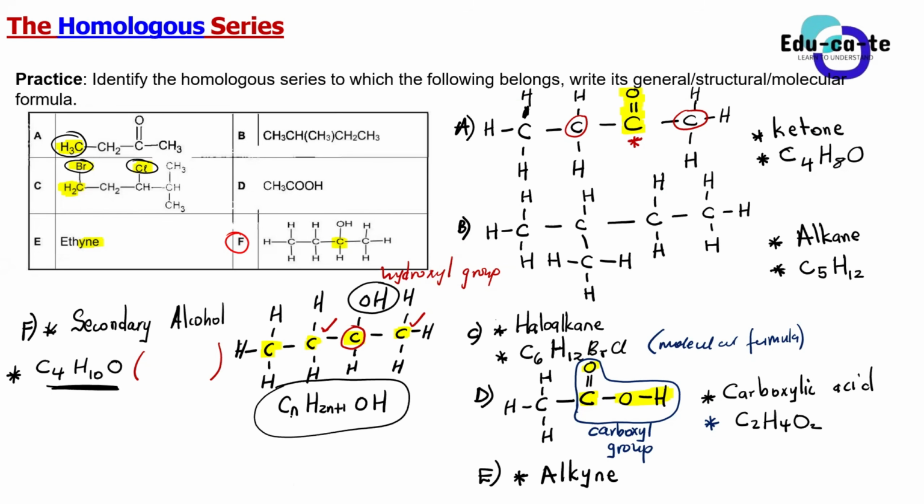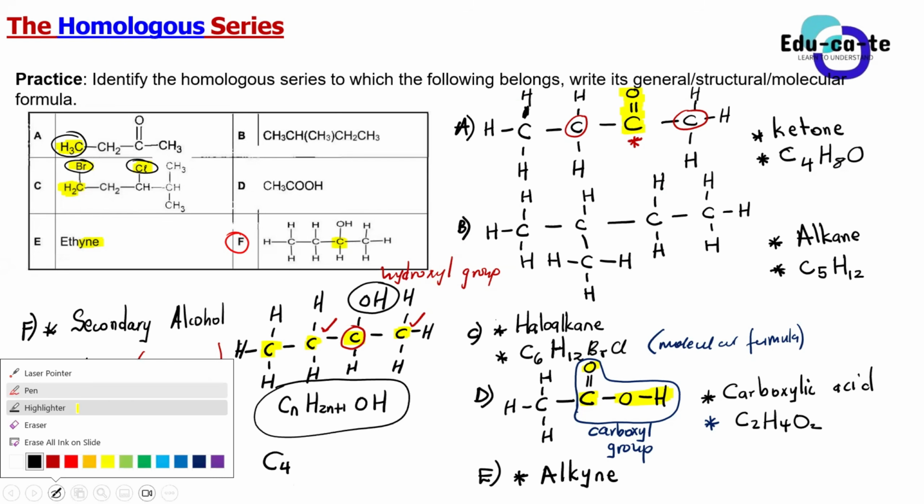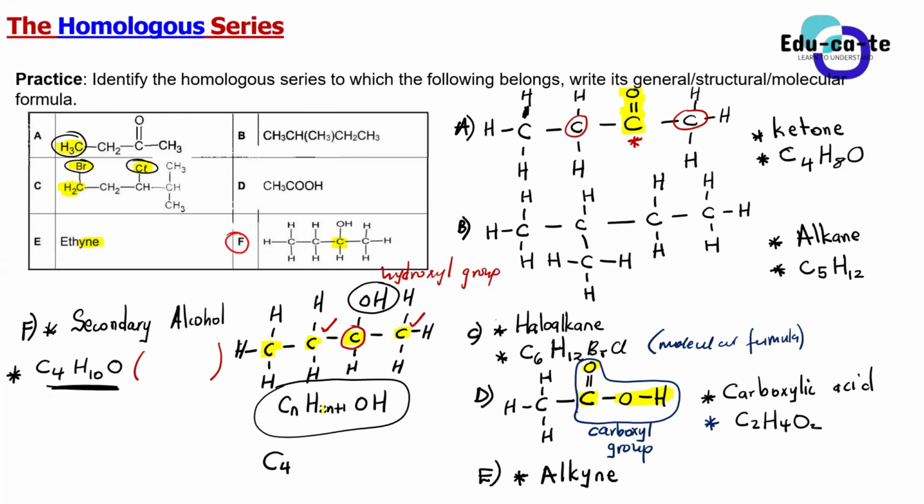So the number of carbons is 4. How do we obtain the number of hydrogens? It's written 2n+1, guys, here. So it means this is 2 times the number of carbon atoms plus 1. That will give us how many hydrogens we have. So here, if we count carefully, we can say this is 2 times 4. We have 4 carbon atoms in this one.